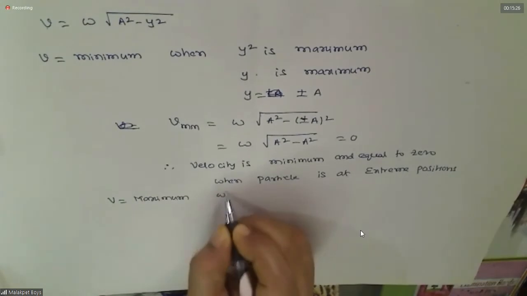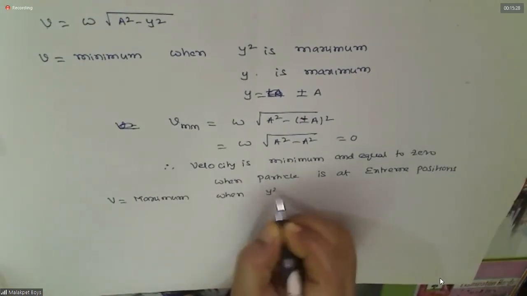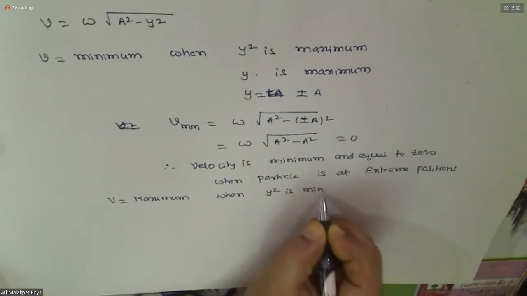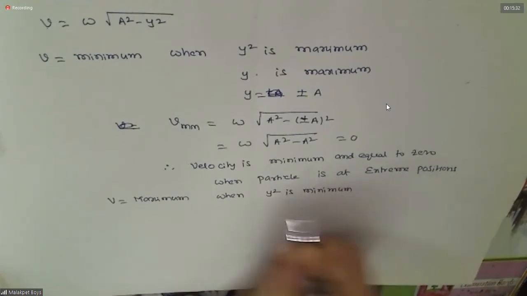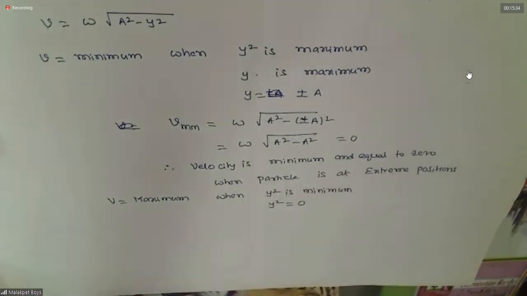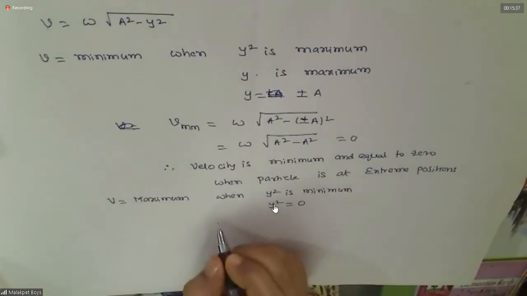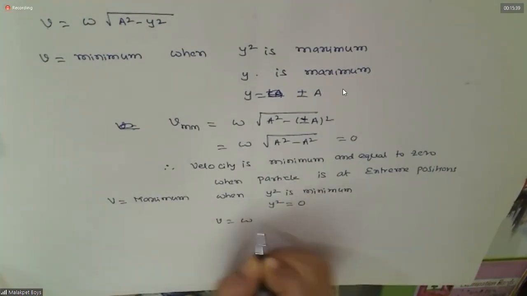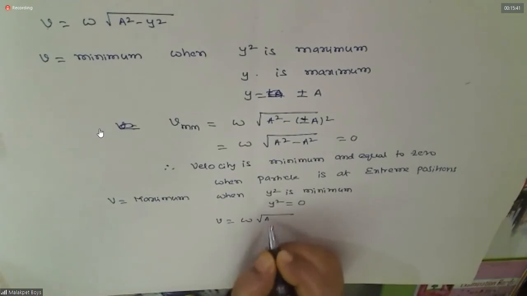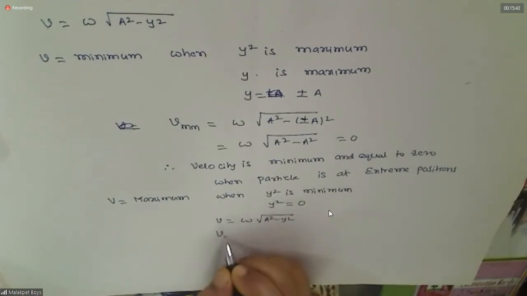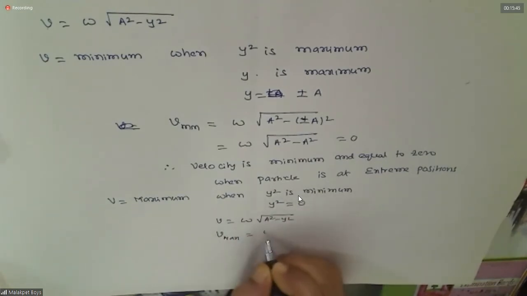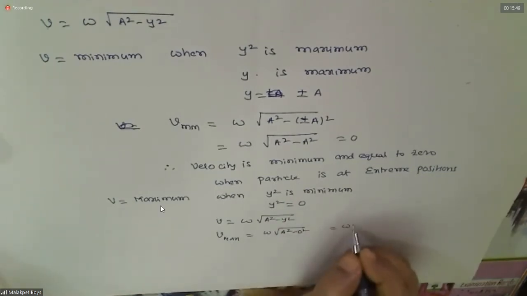Similarly, V is maximum when y squared is minimum. What is the minimum value of y? Zero. A square function will have minimum value 0, no? Yes, sir. The minimum value of a square function is 0. This is a squared minus y squared. So V max equals omega times the square root of a squared minus 0 squared, which is omega a.